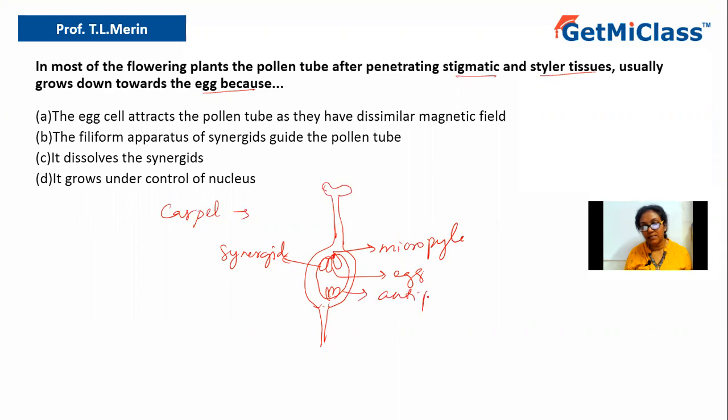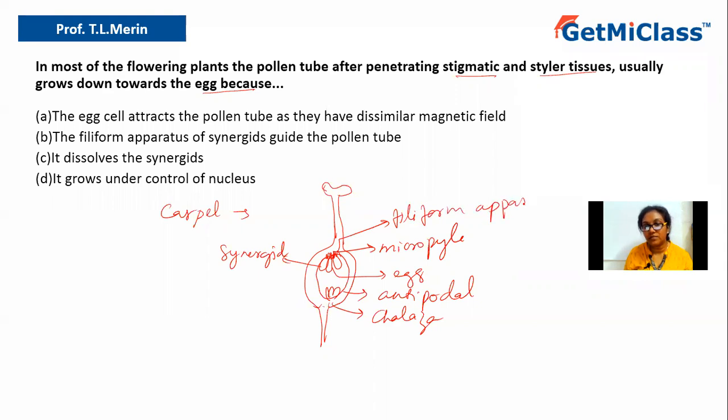These are antipodals, and this is the chalaza. Now near the micropylar region, the synergids give rise to tiny finger-like projections, which are called the filiform apparatus.